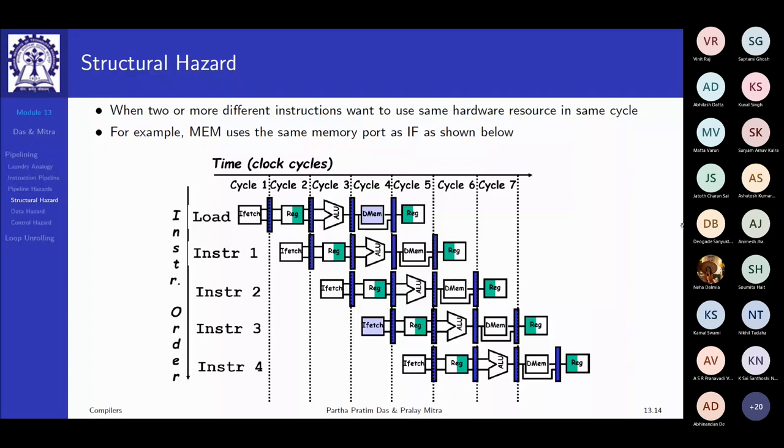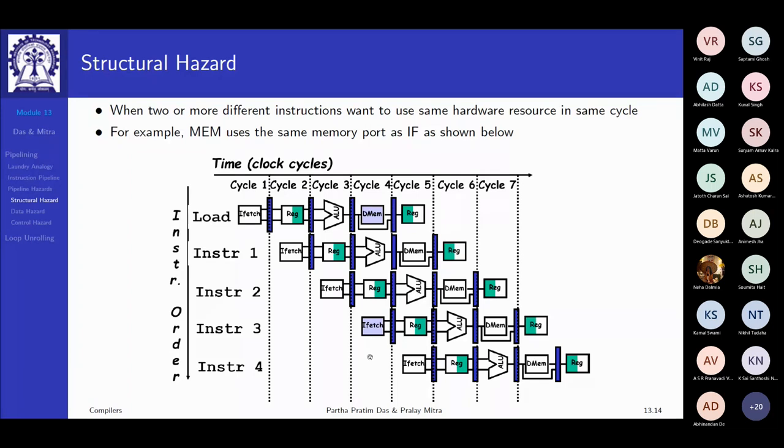For example, you are trying to do a load here. So in the mem stage, you have that in cycle 4 for the load, and you are trying to do some instruction 3, which is in the instruction fetch stage.